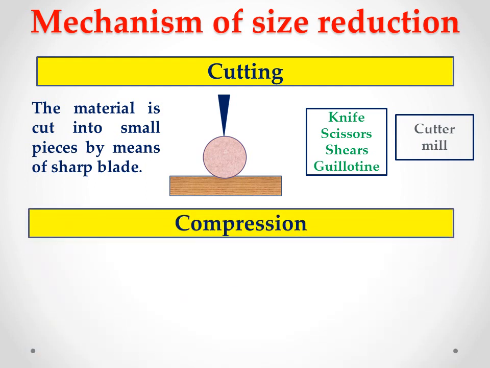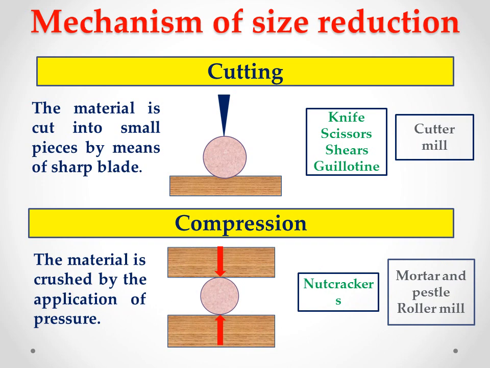The next process of particle size reduction is compression. In compression, the material is crushed by the application of pressure. As we can see in the figure, the pressure is applied on the particles to be reduced into smaller size by the two surfaces up and down. The example from day-to-day life includes nutcrackers, and in pharmaceuticals, mortar and pestle or roller mill works on the principle of compression.